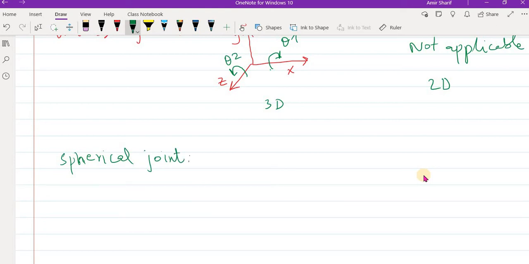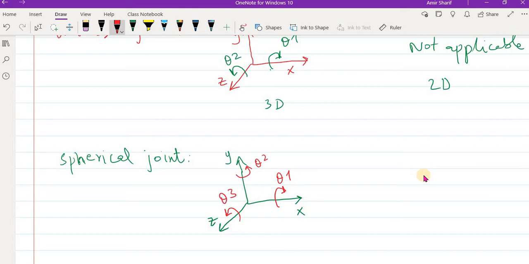So for the spherical joint, if we see its axes, we have a rotation about the x-axis, a rotation about the z-axis, and also a rotation about the y-axis. So we can describe it as theta 1, theta 2, and theta 3.